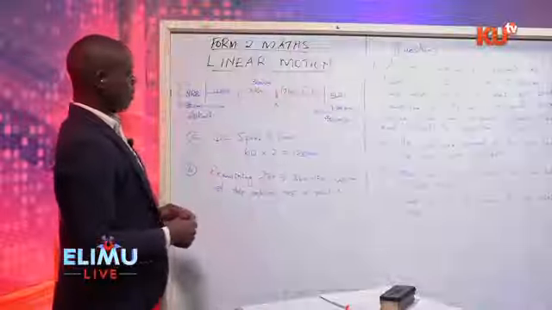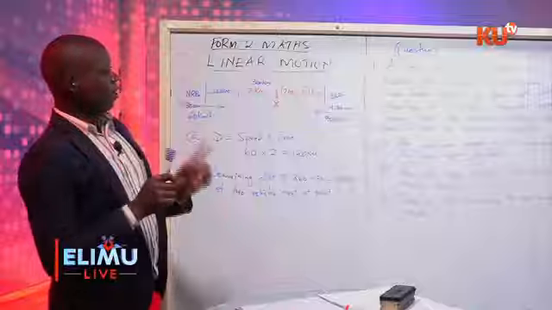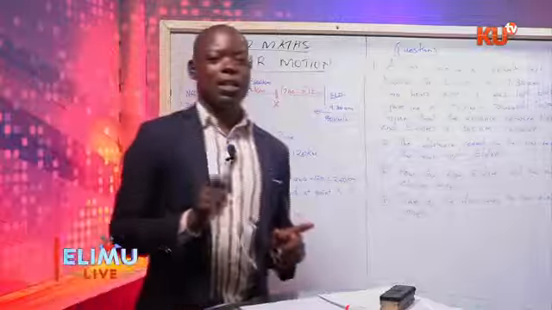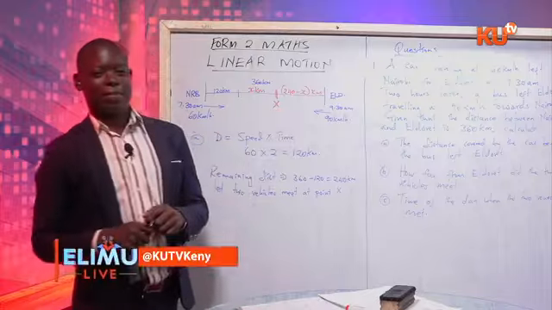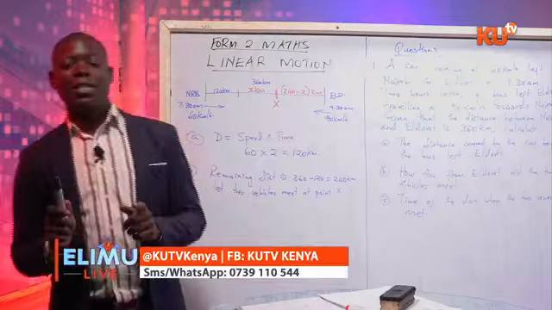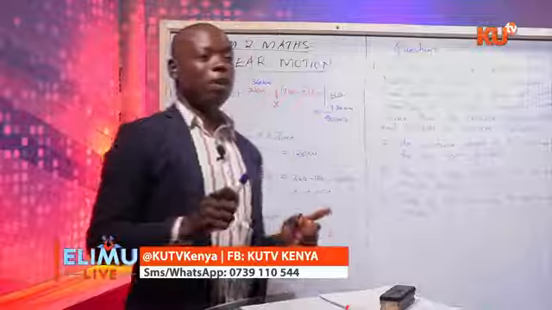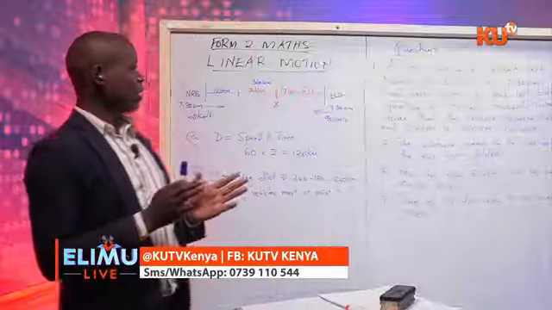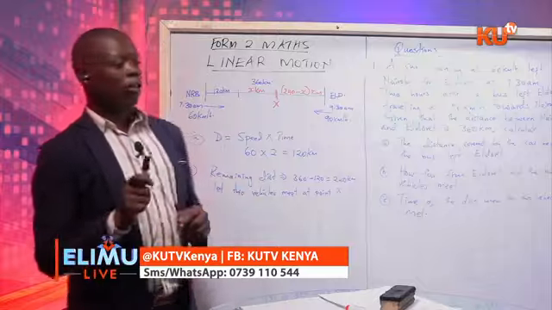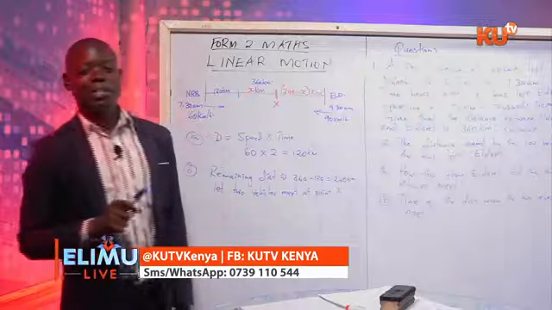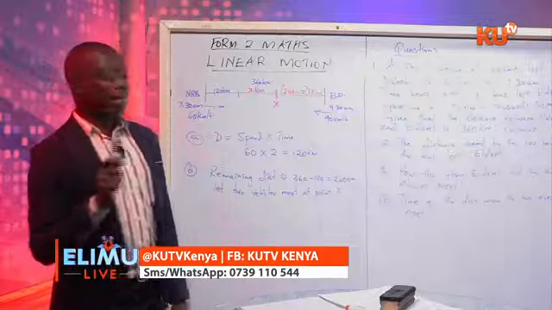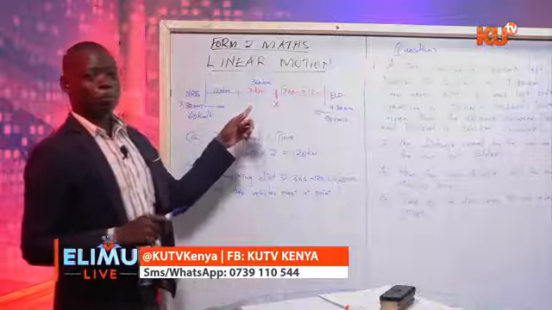The next thing will be, what must we let to be the same for these two vehicles to meet at X? Two vehicles are moving in the opposite direction or in the same direction. For you to ensure they meet at a common point, there has to be a unit that is the same. That is the unit that we want to discover here.